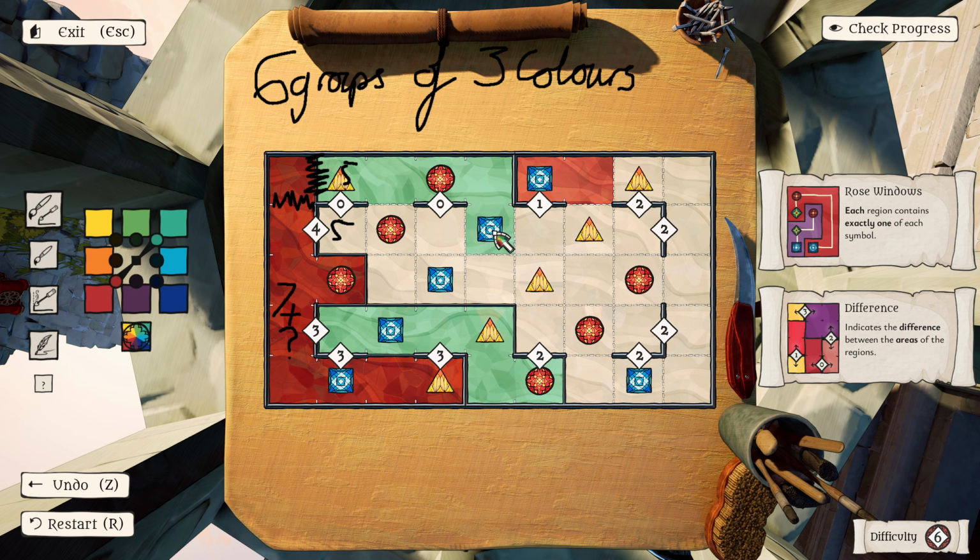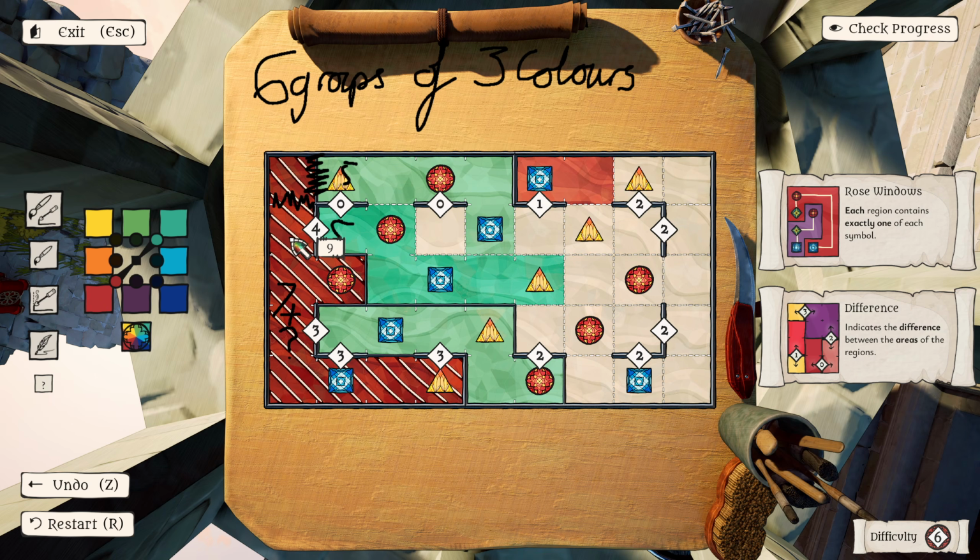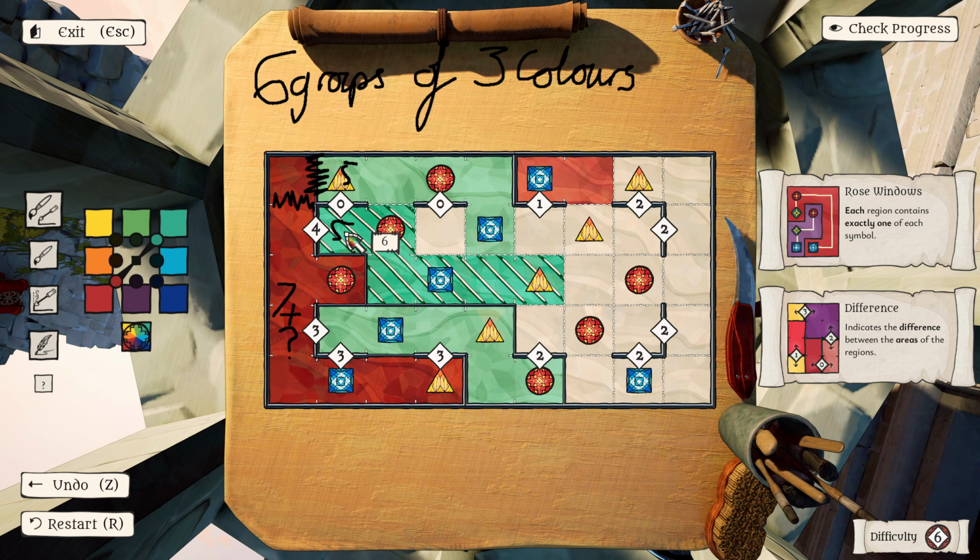1, 2, 3, 4, 5. 1, 2, 3, 4, 5, 6. Doesn't work because this 9 minus 4 is 5. 5 equals 5.